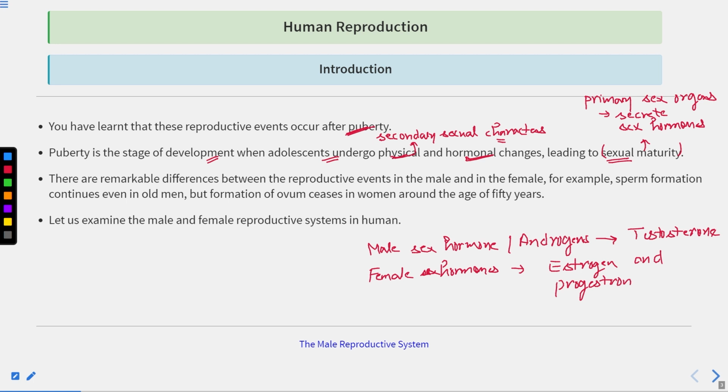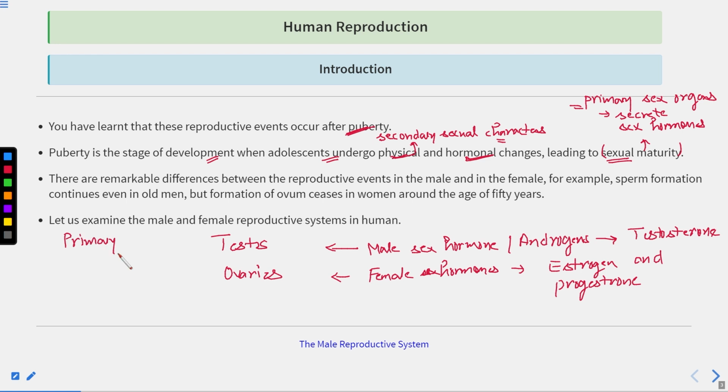Now, these male hormones are produced by the testes because the testes is the primary sex organ. And the primary sex organ in females is known as the ovaries. These are the primary sex organs.